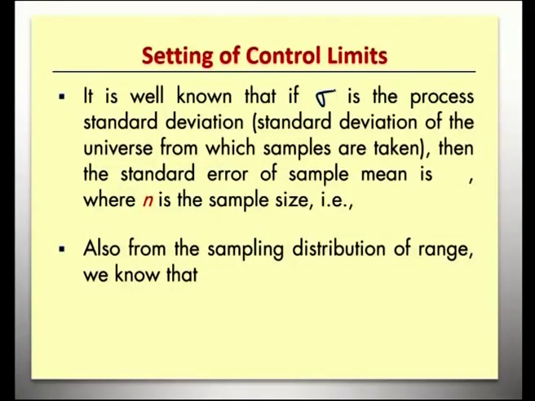It is well known that if sigma is the process standard deviation, that is, the standard deviation of the universe from which samples are taken, then the standard error of the sample mean is sigma divided by root n, where n is the sample size. That is, the standard error of Xi bar is equal to sigma by root n.